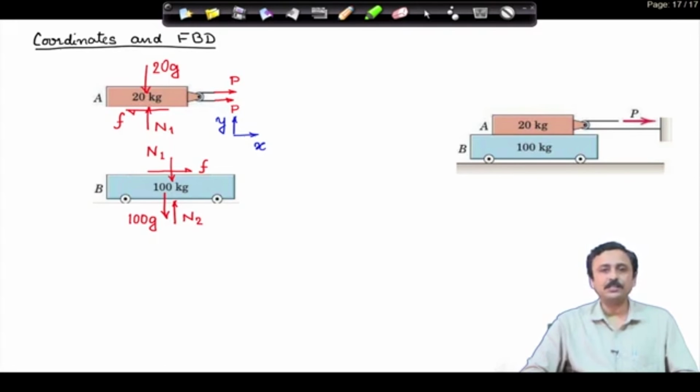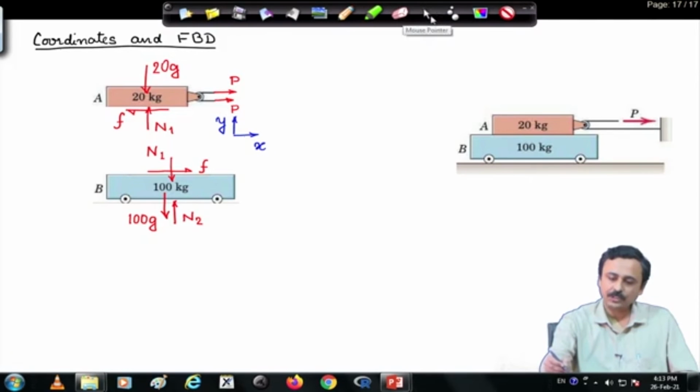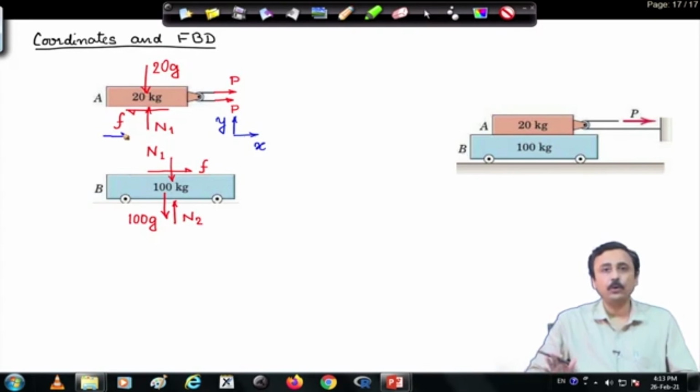The pulley is frictionless, therefore, the tension in the two parts of the string is the same, P. I have shown the weight of the 20 kg block, normal reaction. The friction force, you will notice, I have kept it as F. I do not know a priori whether it will stick or it will slide.